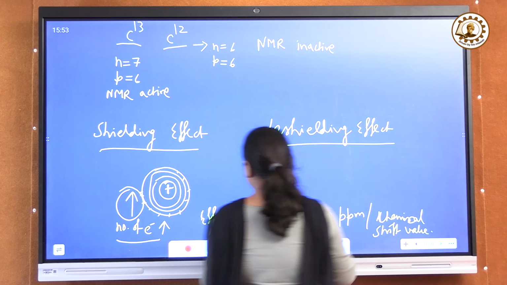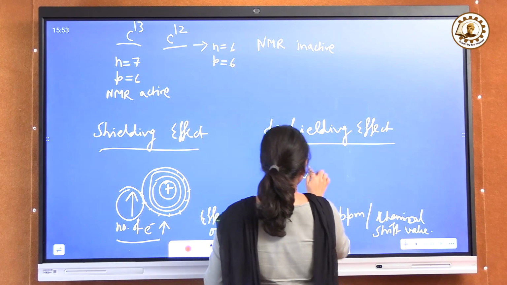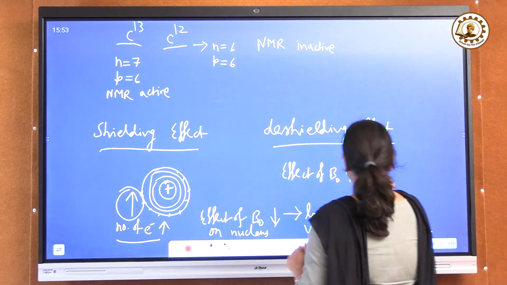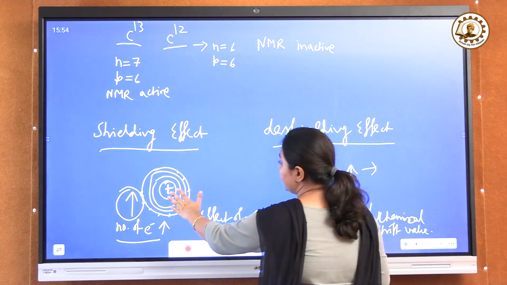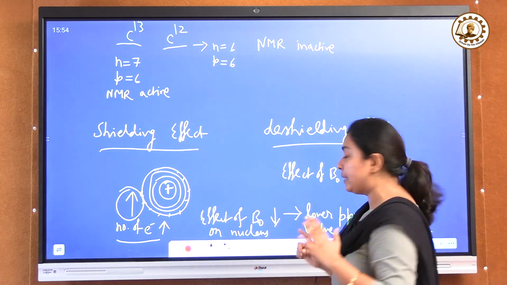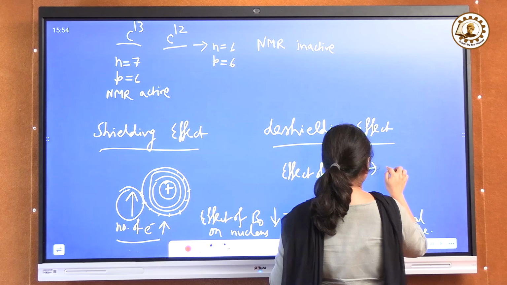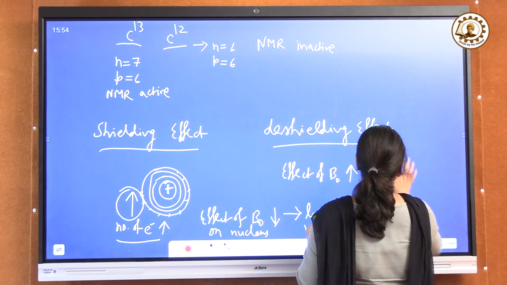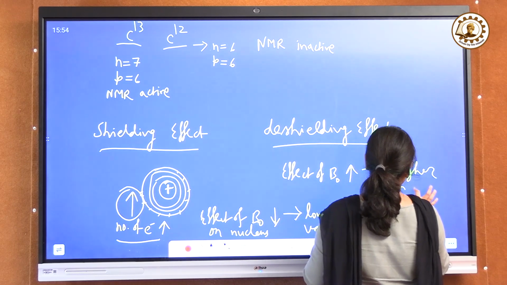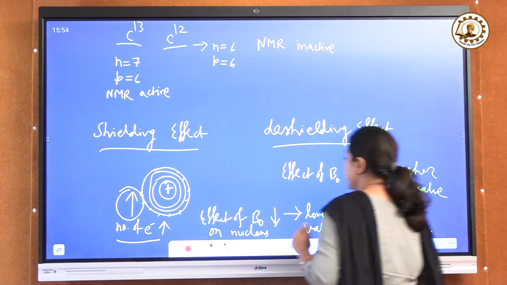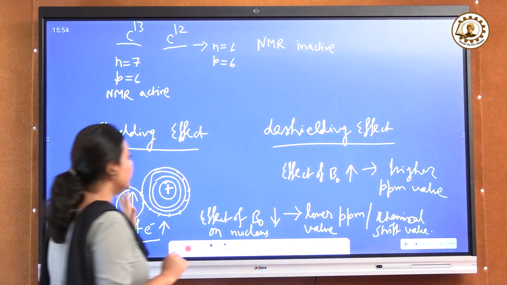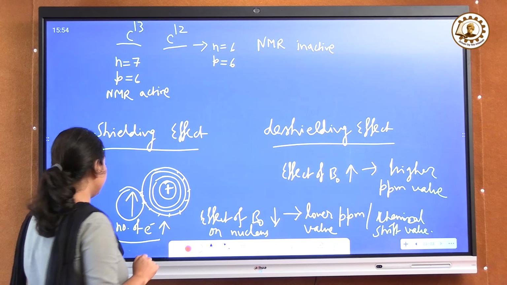So if the effect of B0 is high, then it will require a higher amount of energy to resonate with the external magnetic field. So it will show a signal at a higher ppm value. So this was all about the shielding effect and de-shielding effect.